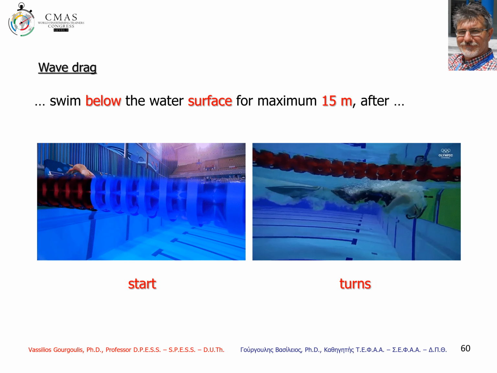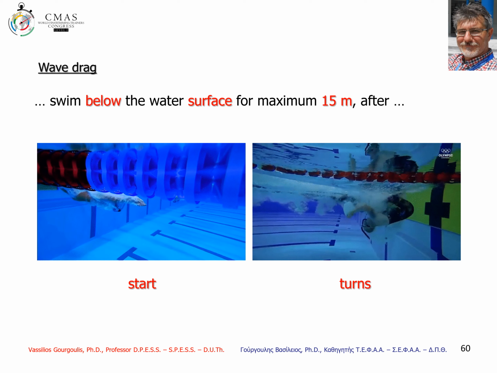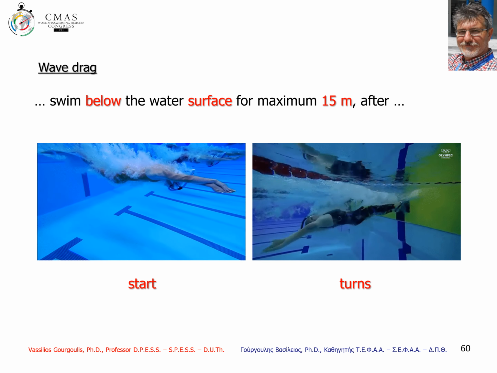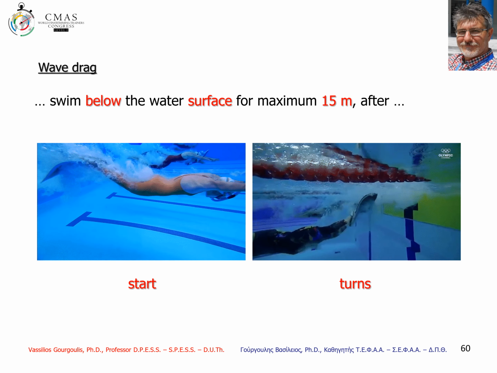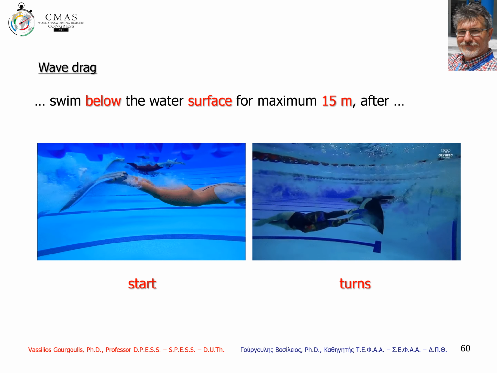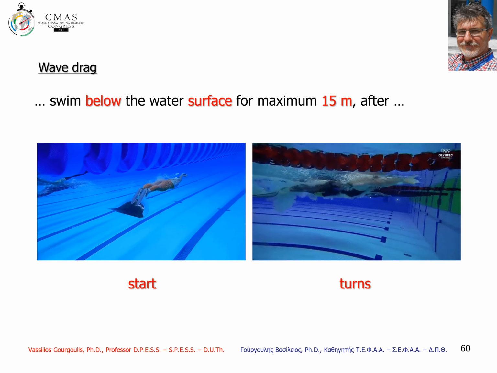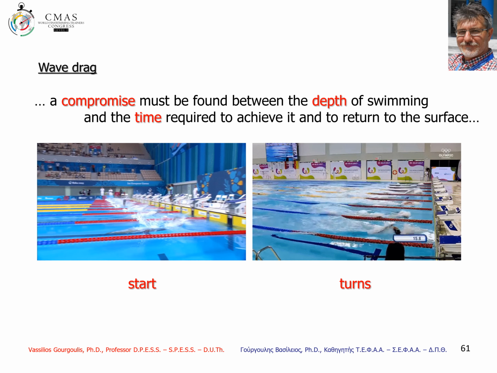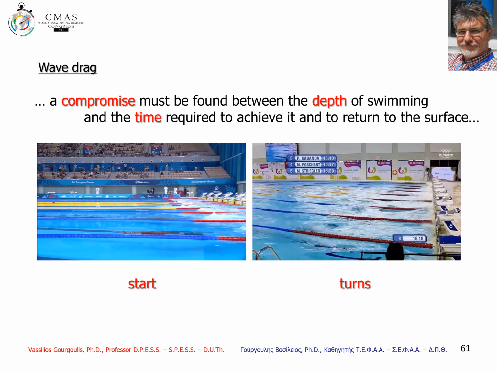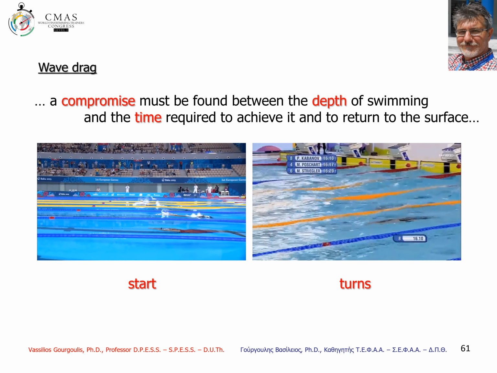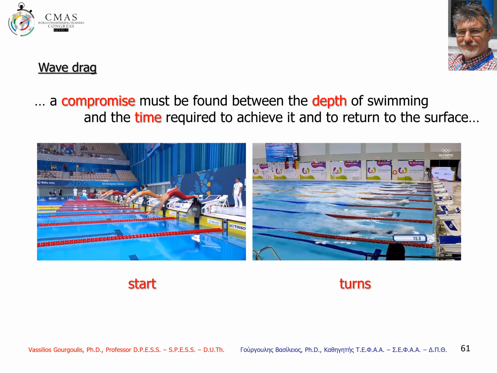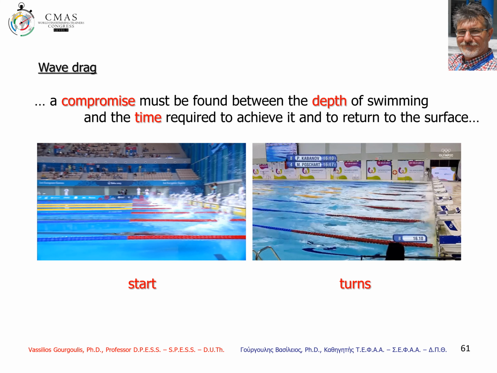Thus, even in surface fin swimming, the swimmers could reduce total drag if they swim below the water surface for maximal 15 meters after start and turns according to the rules. However, a compromise must be found between the depth of swimming and the time required to achieve it and to return to the surface.